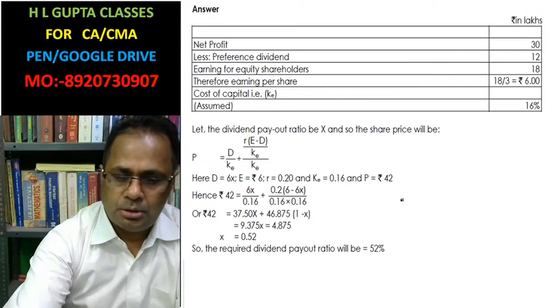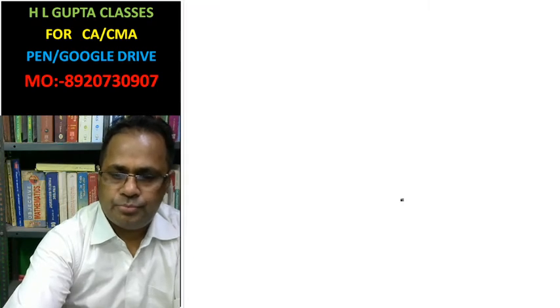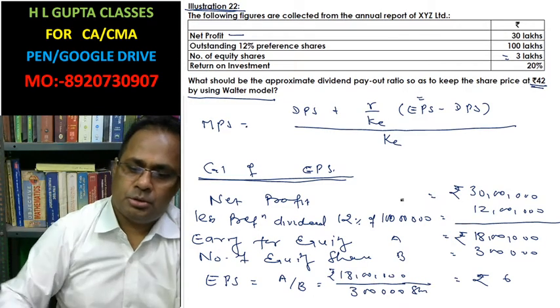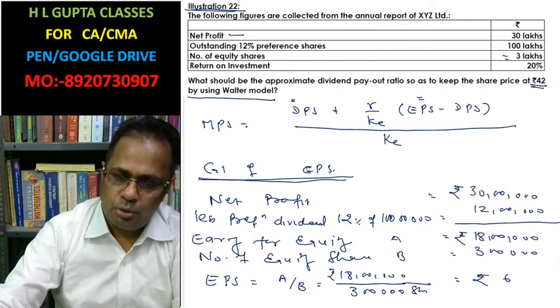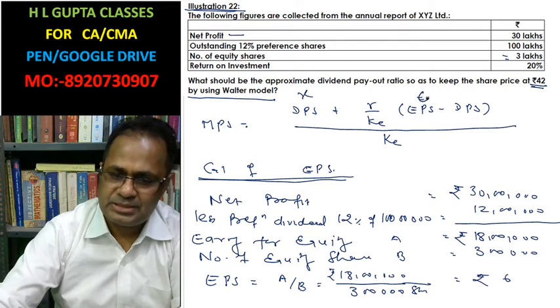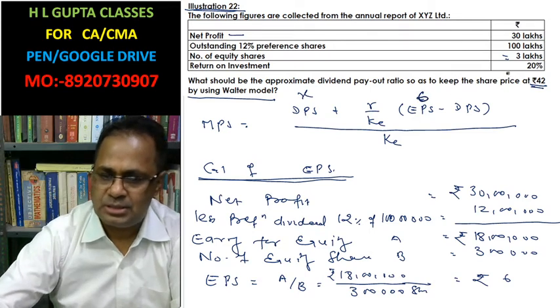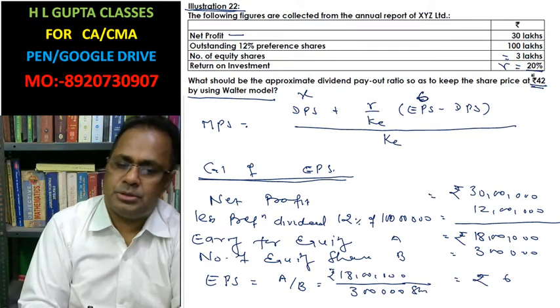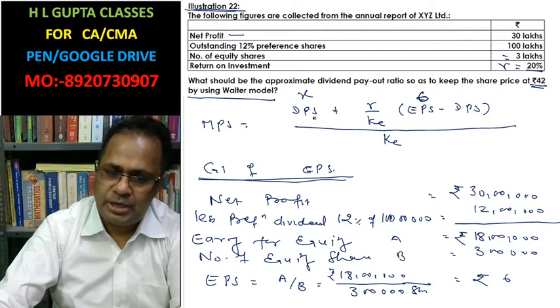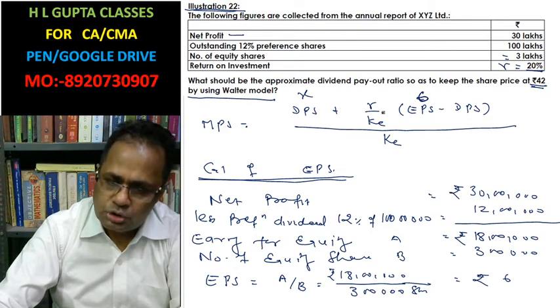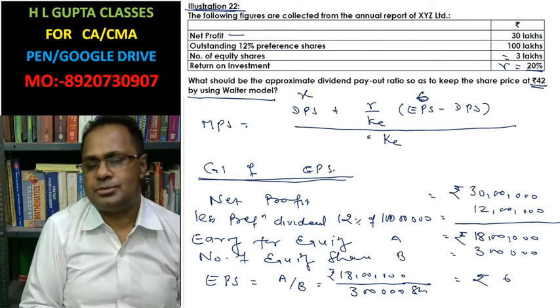Now, cost of equity. We have to calculate cost of equity. Look at the given question: EPS is 6, and R equals 20%. We have to calculate dividend per share. Cost of equity is not given in the question.